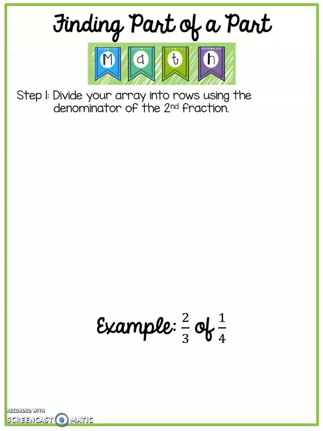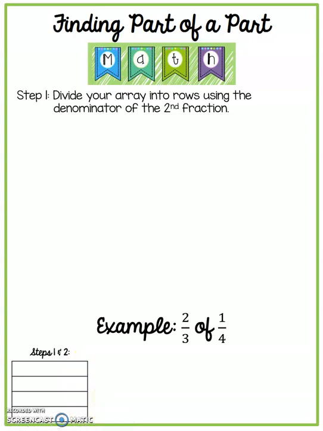First, I'll draw that array and divide it into rows using the denominator of my second fraction. Since I'm taking 2/3 of 1/4, that means I'm starting with a fourth of a group. So to show that in my picture, I'll draw a rectangle and split it into 4 sections because my denominator tells me that my whole is broken up into 4 equal sized pieces.